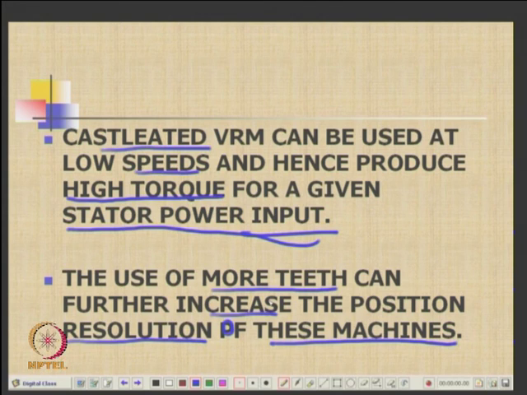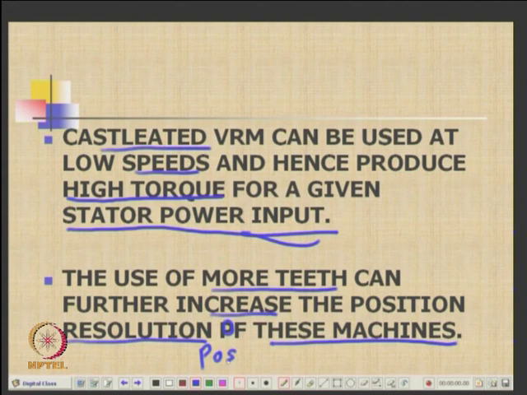Resolutions are good, because you can get very accurate low positioning. So it is basically for position control. This is a requirement in several applications like robotics, mechatronics, machine tools, etc.